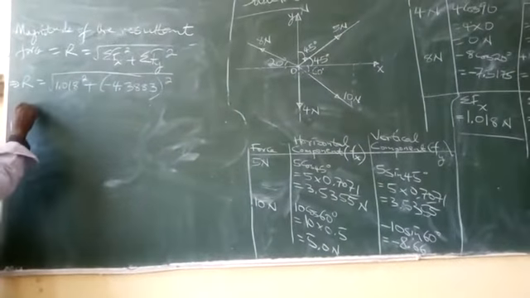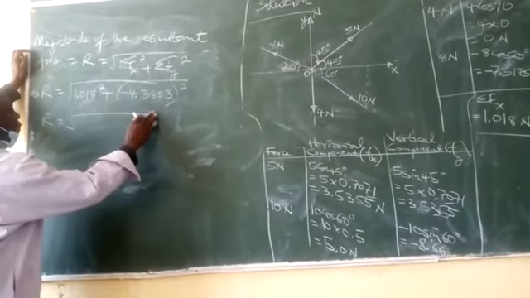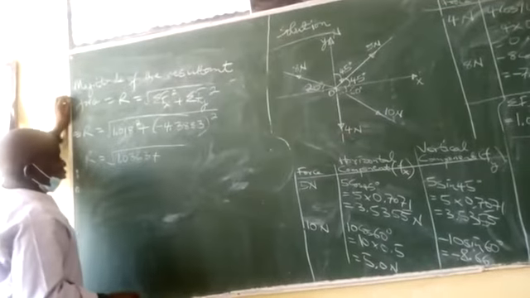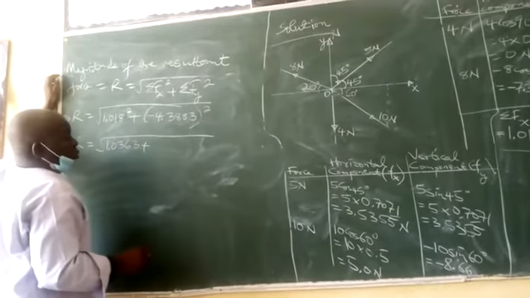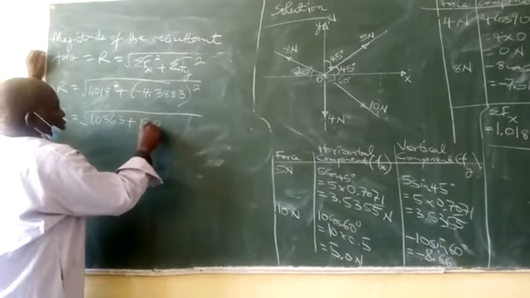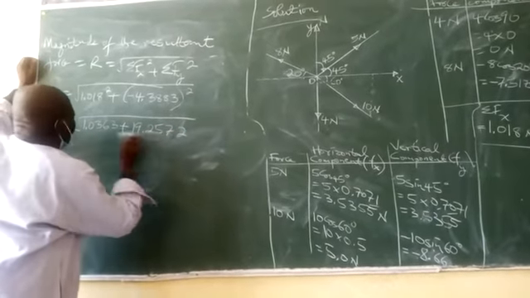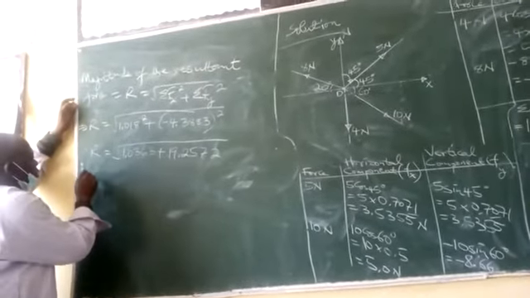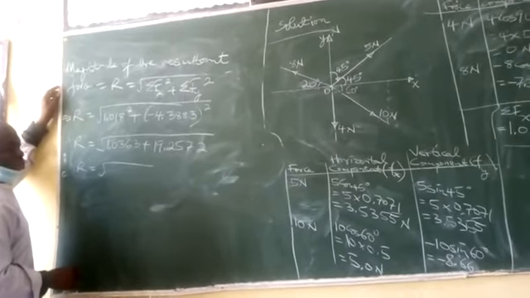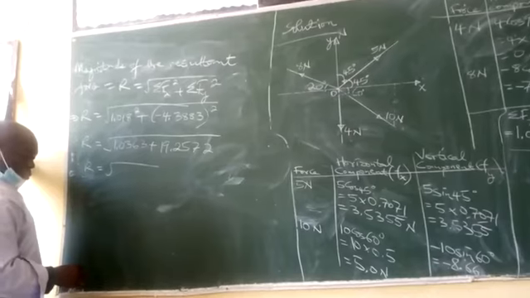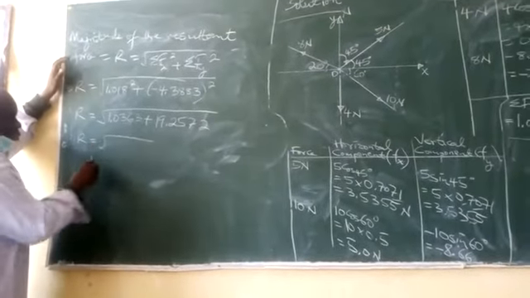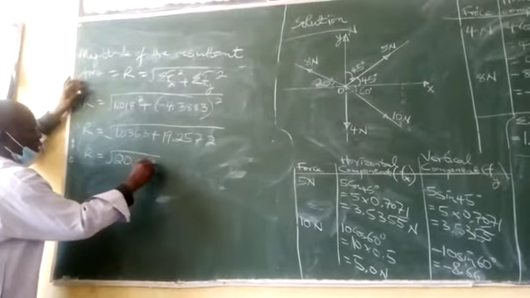So the resultant is equal to the root of 1.0363 plus 19.2572, which is 20.2935.